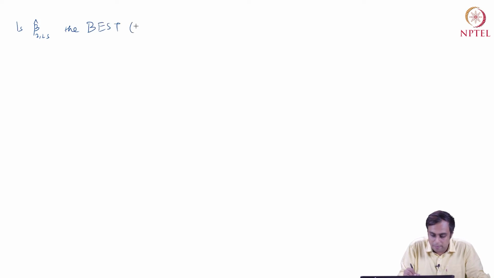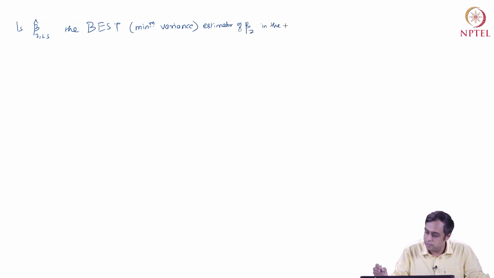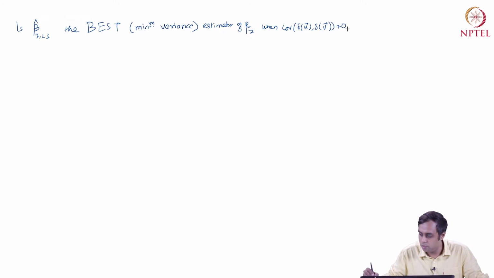When I say best, I mean minimum variance, right? The best estimator of beta 2 in the presence of, or let's just simplify this and say when, covariance delta u delta v is non-zero for some locations, location pairs u not equal to v.